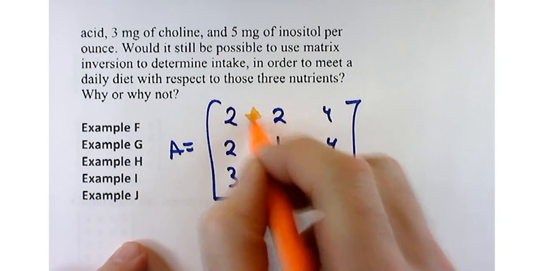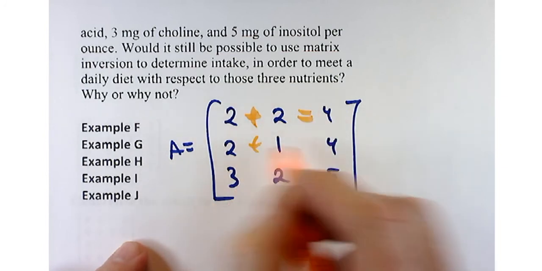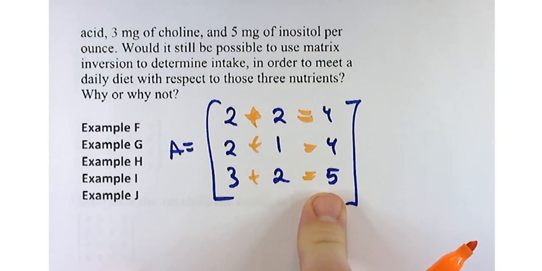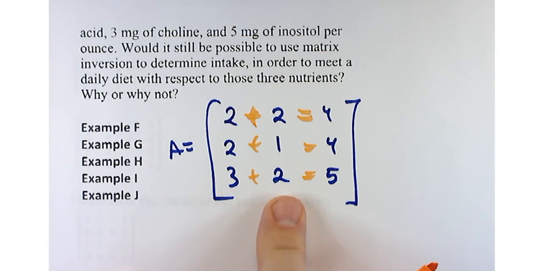If I add this plus this, I get this. This plus this. So my guess is because this column is a combination of these two columns, that this matrix won't have an inverse. That is, we'll try and find an inverse, and our calculator is going to give us an error. So let's see that, and that's where we'll end up today.